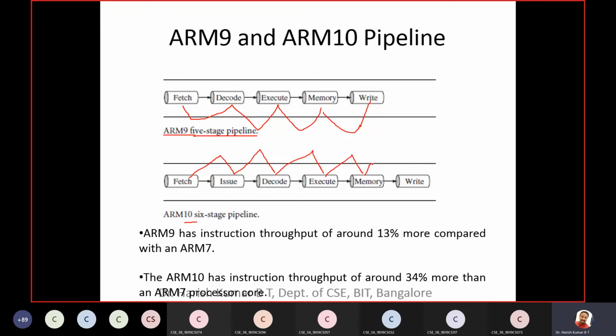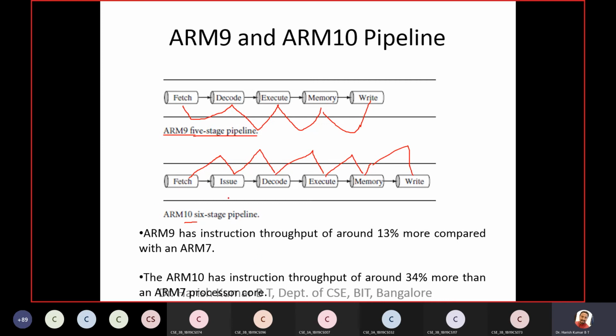It's not necessary for us to understand the functionality of each of these stages, because our focus is completely on ARM7. This is just for your knowledge. ARM9 is a 5-stage pipeline processor, whereas ARM10 is a 6-stage pipeline processor.